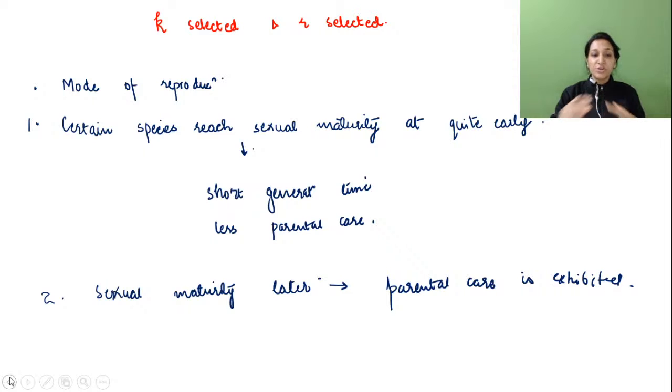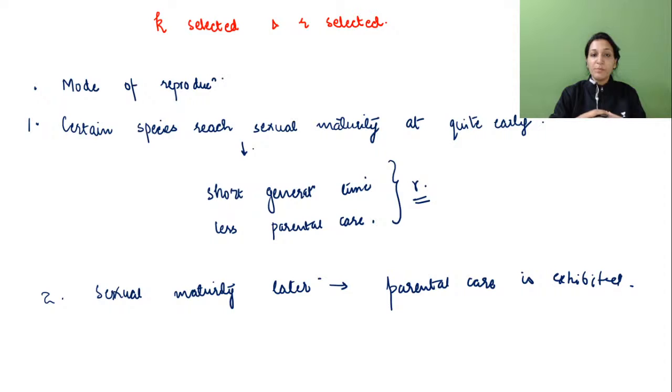So species with such a capacity of showing less parental care and producing lots of offspring fall under the category of R selected species. And the examples of R selected species can be algae, bacteria, rodents, then some of the annual plants, insects, etc.